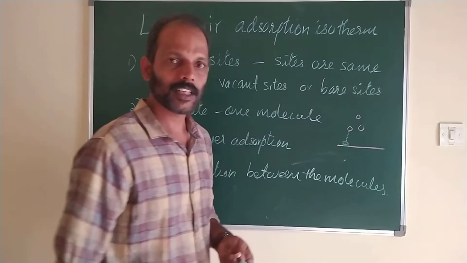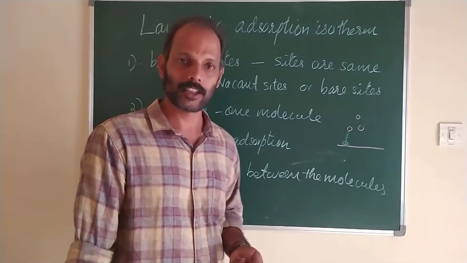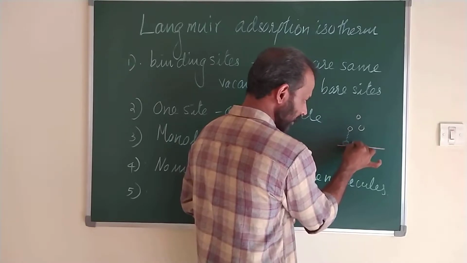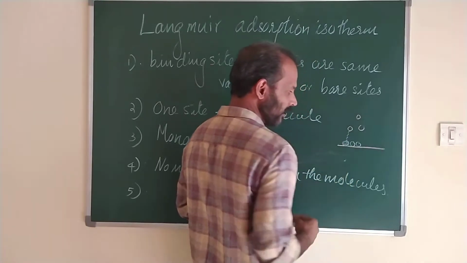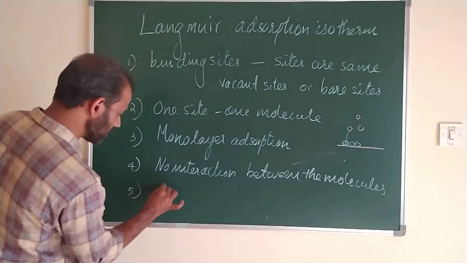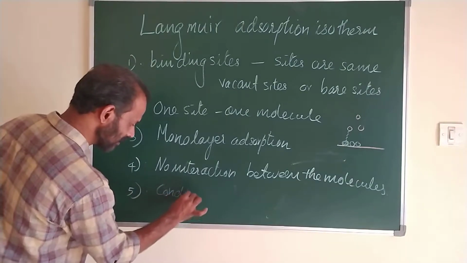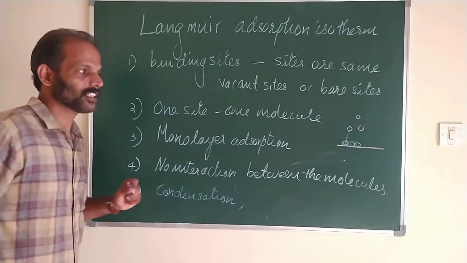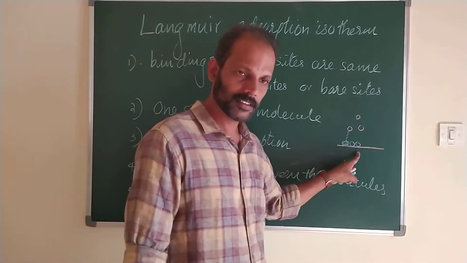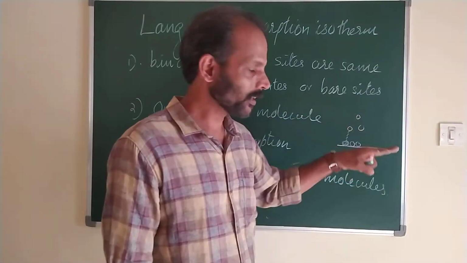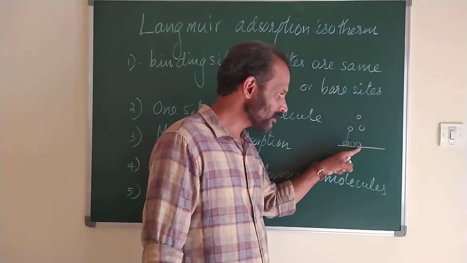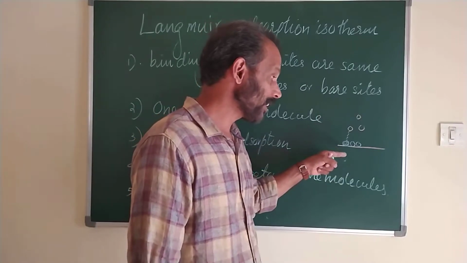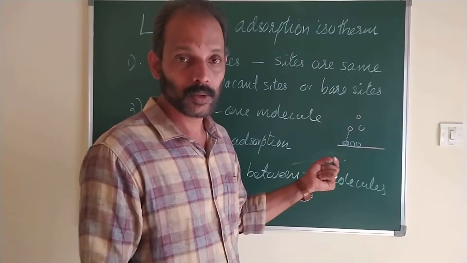That process we call adsorption. He called it condensation. First process is condensation. But remember, when molecules get adsorbed on the surface, those molecules have a tendency to escape from the surface.